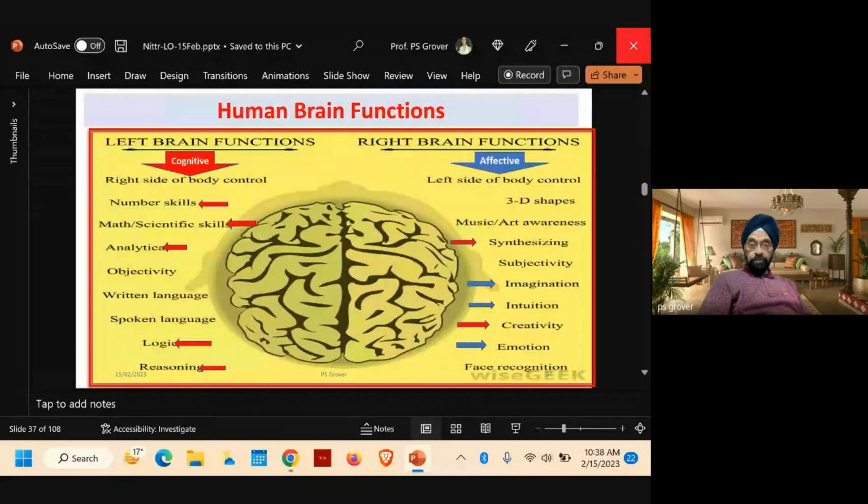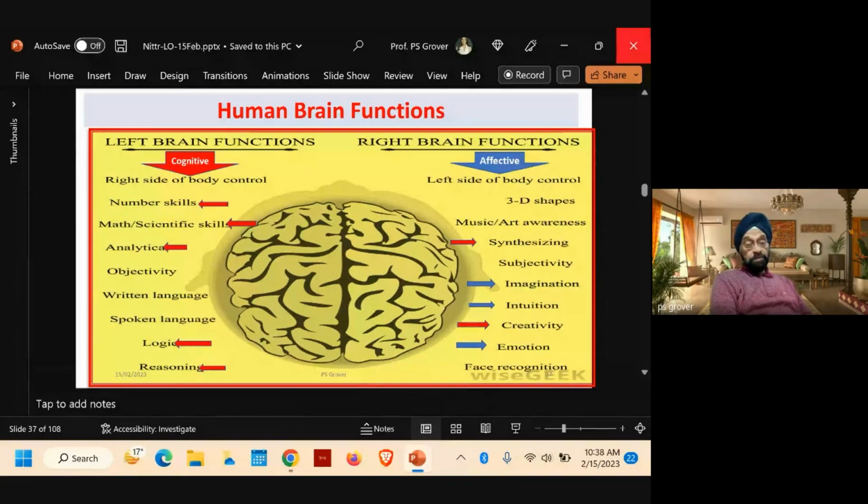So why has the affective domain come up in the levels? Now, please see here. Here I am trying to give you an idea of why the affective domain has been an integral part of Bloom taxonomy.